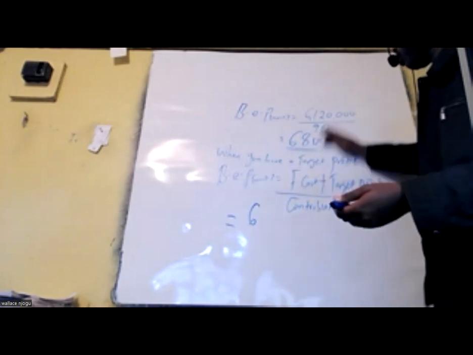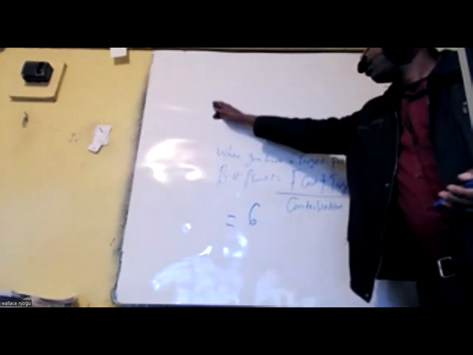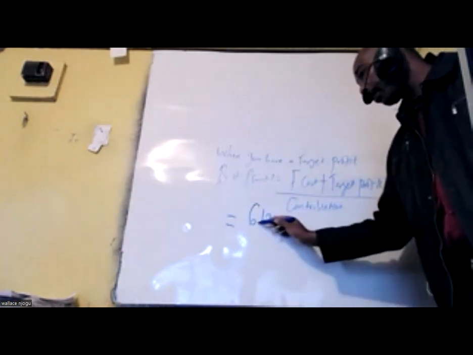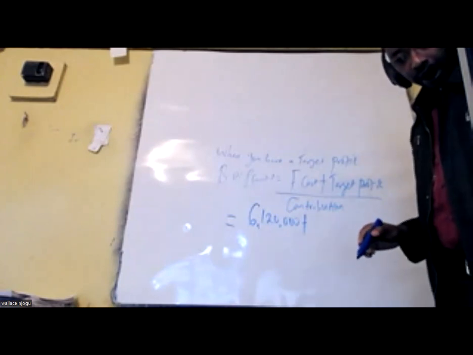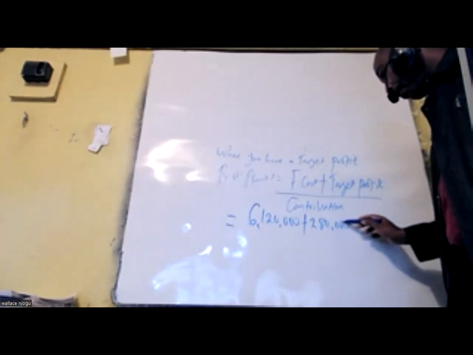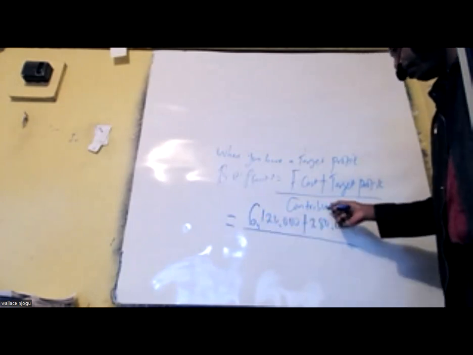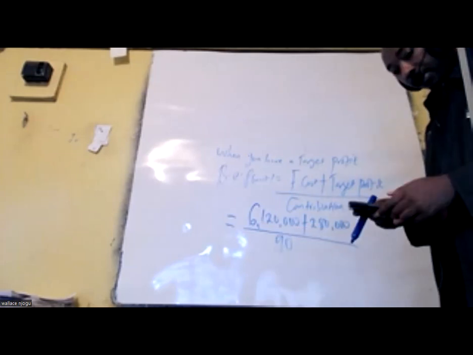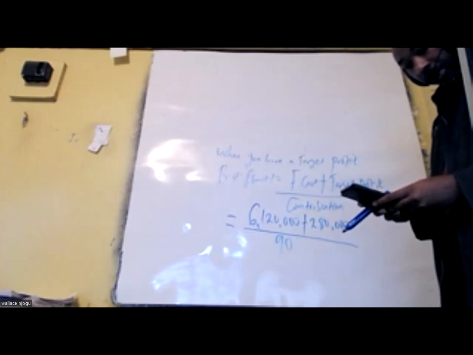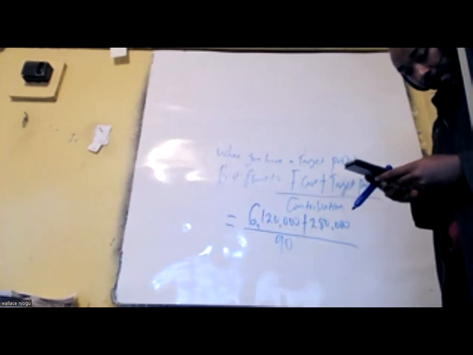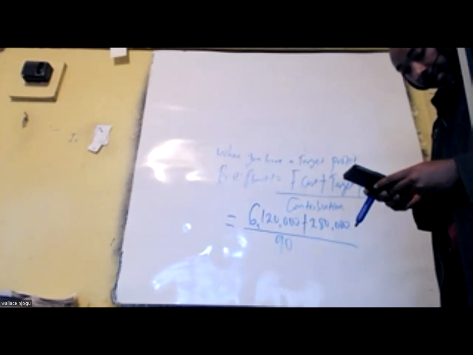So our fixed cost, remember, ni 6,120,000 ile tumecompute. We add now this target profit of 280,000. Then hiyo yote I divide by contribution per unit ilikuwa inakuja 90 shillings. So 6,120,000 plus 280,000, I divide by 90.